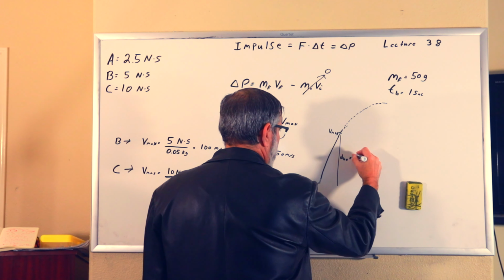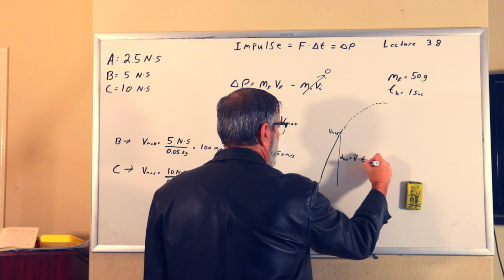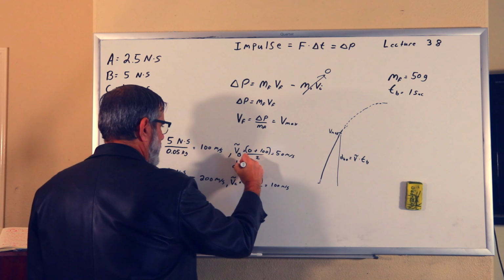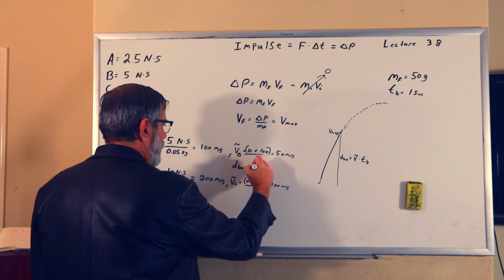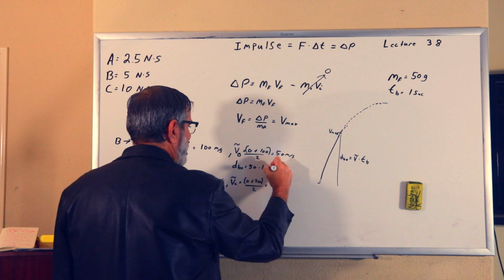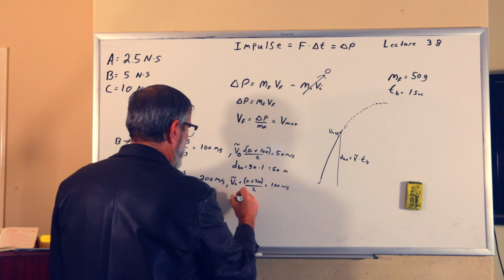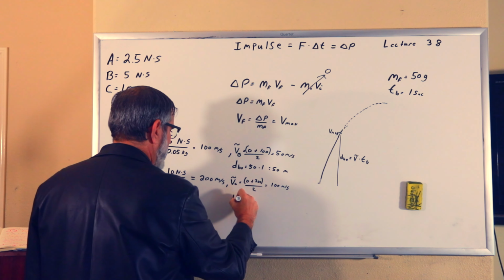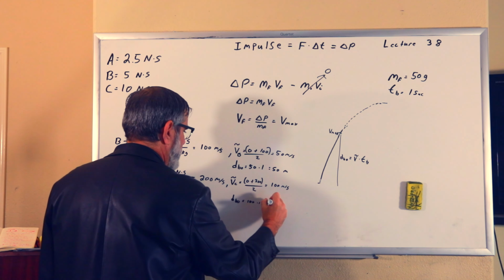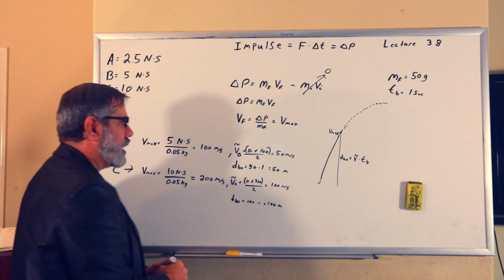This is going to be equal to the average velocity times the burn time, T sub B. So in this case, D sub BO will be equal to 50 times 1 second, which is equal to 50 meters. And for the C motor, D sub BO will be equal to 100 times 1, which is 100 meters.